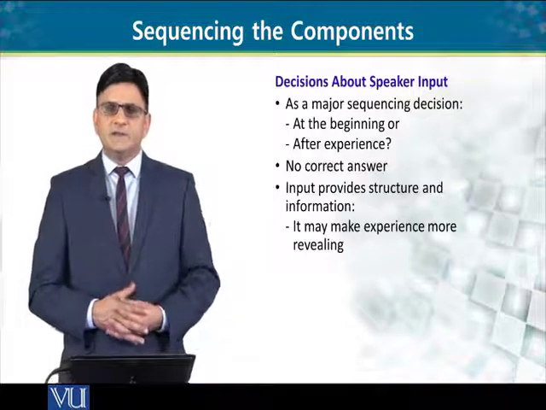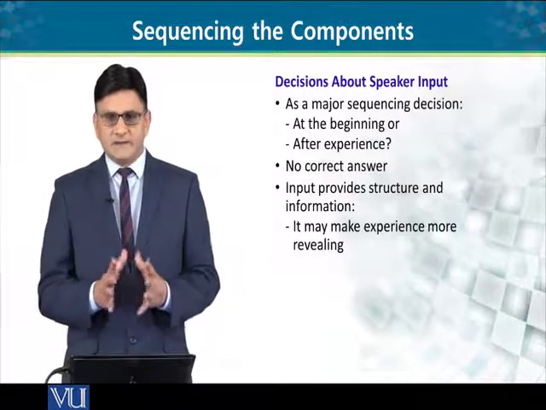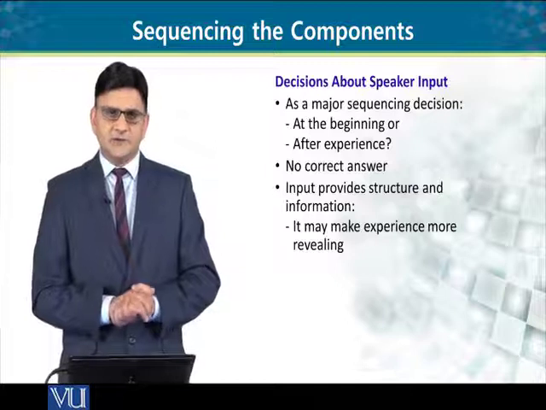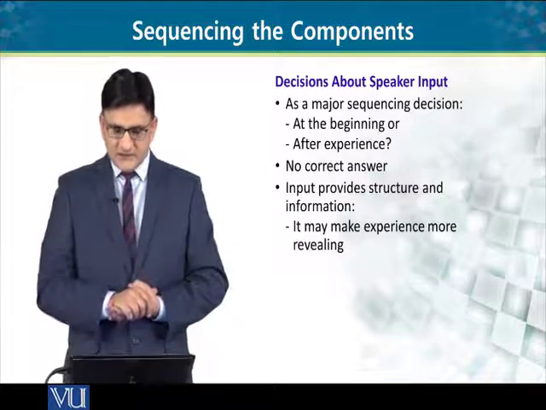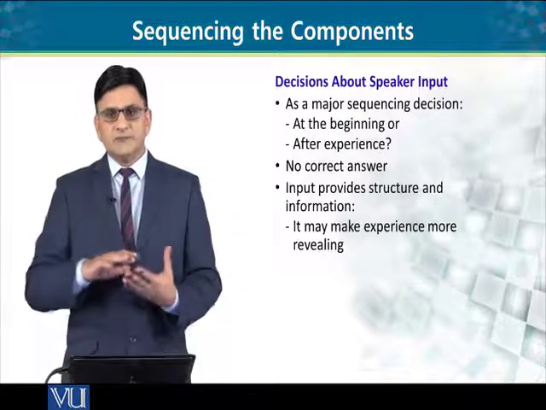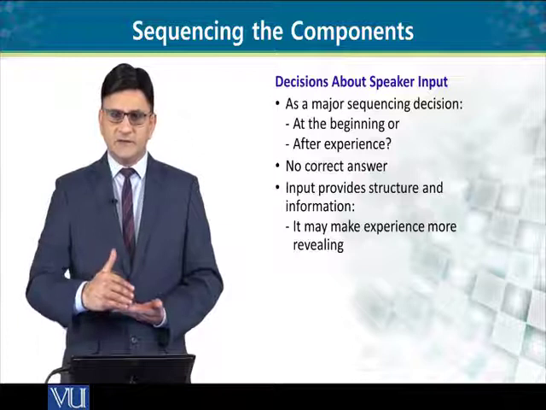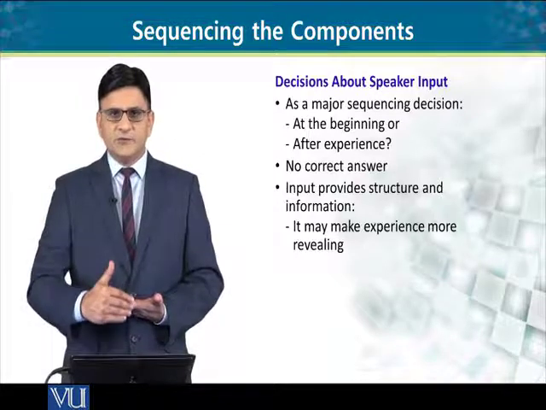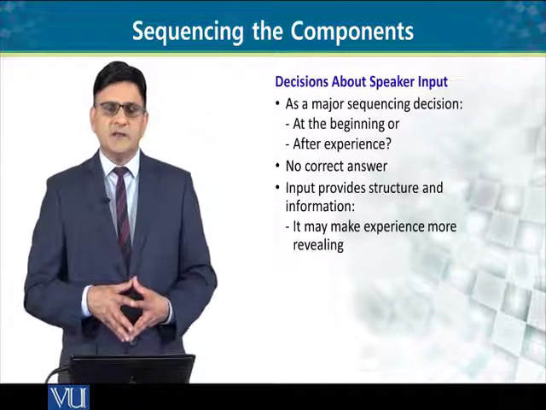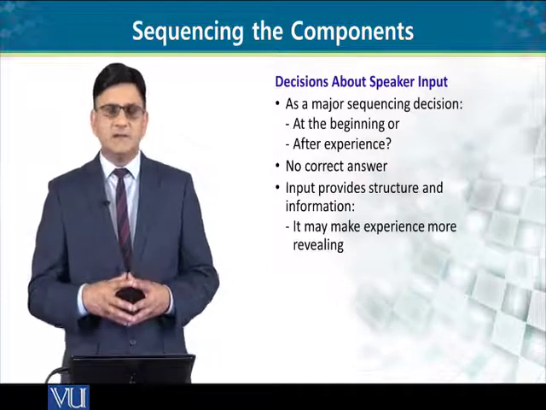Some important decisions need to be made while sequencing the components of a workshop, and primarily the major decision is whether these should come first in the workshop or at the end. Well, there is no correct answer.